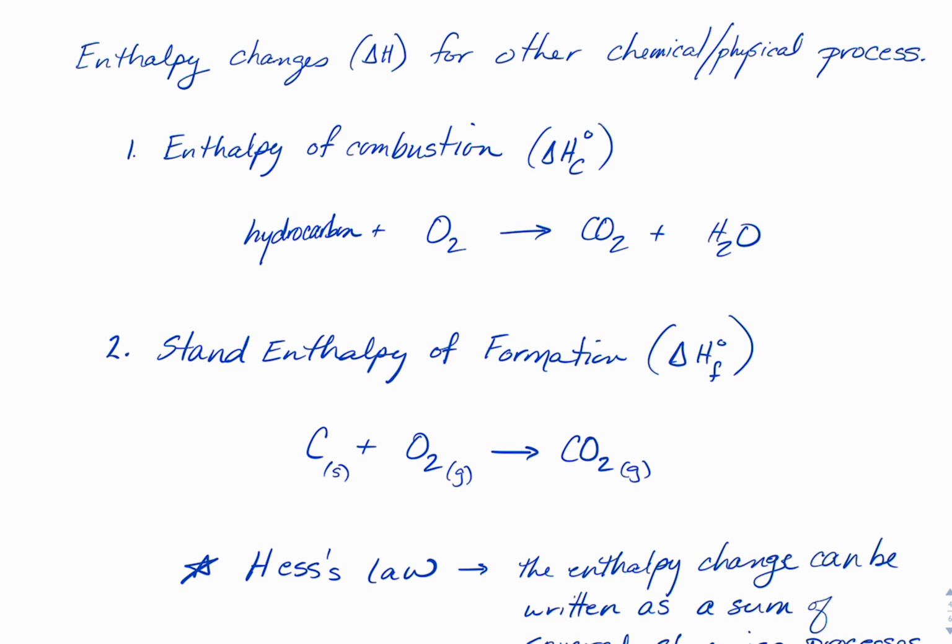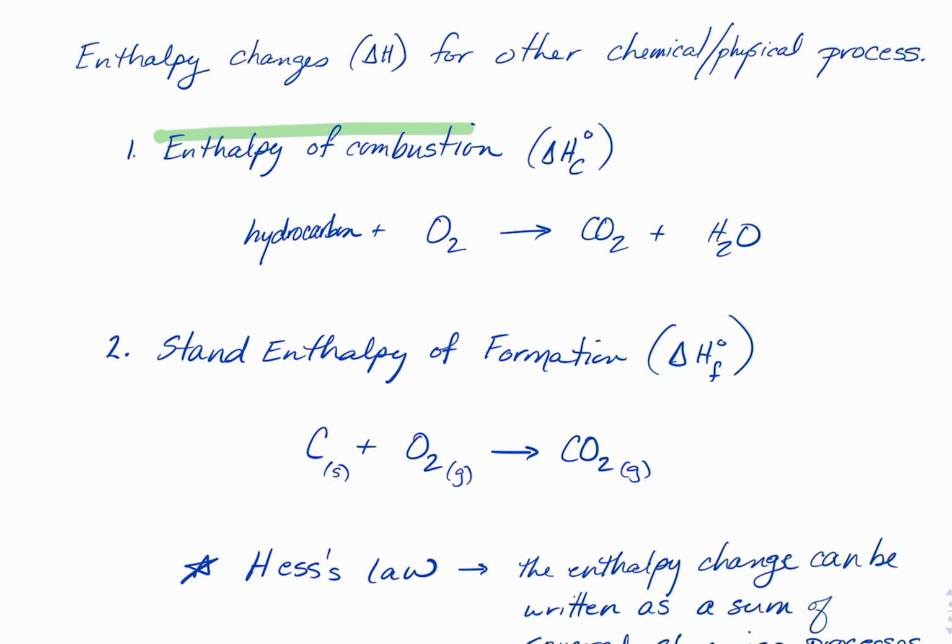Now, it turns out that enthalpy changes, or delta H, can be discussed in other types of chemical or physical properties. They're no different than what we just saw in how they are written and discussed, except that they are for specific kinds of chemical reactions. So for instance, this first example would be enthalpy of combustion.